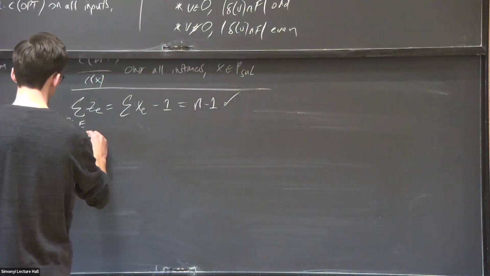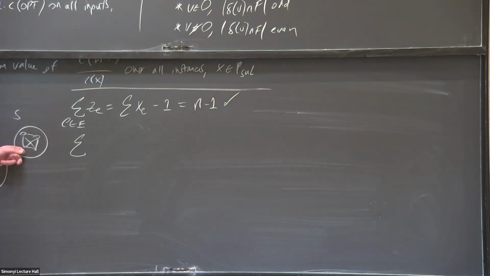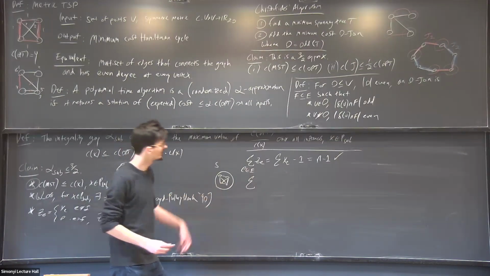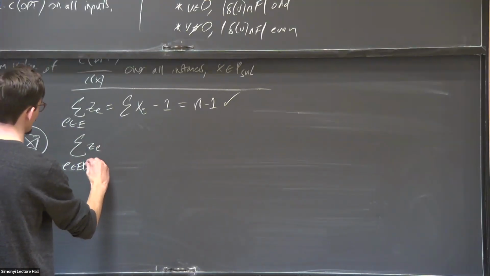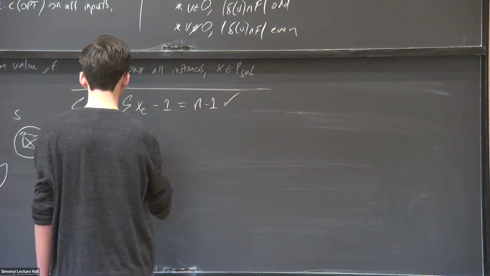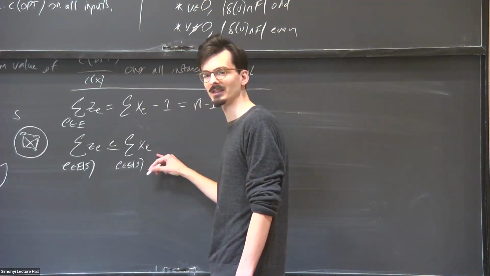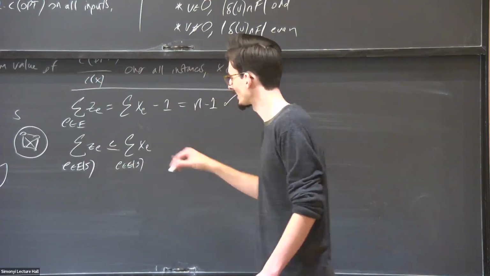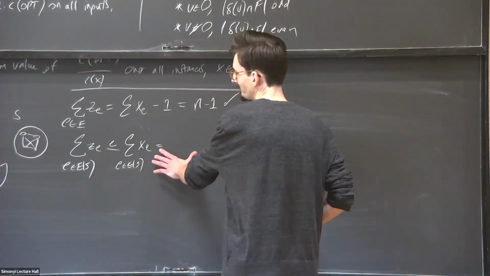Let's do the second constraint. Let's take any set S, and let's look at the sum of the edges that lie inside of S. So for sure, this is at most the sum of the x_e inside this set, because z_e is pointwise less than x_e. But now, what is this equal to?